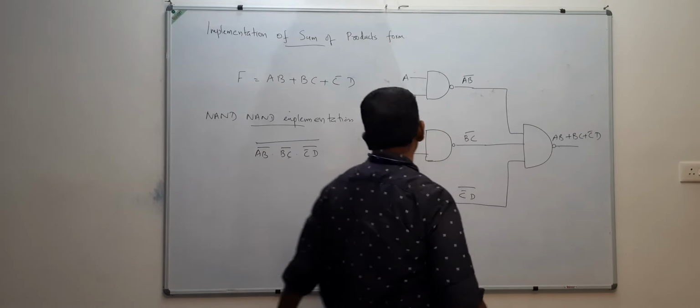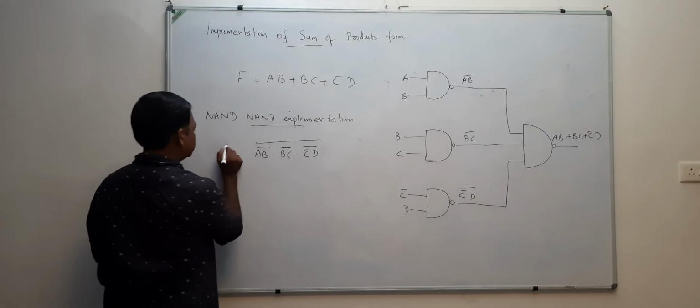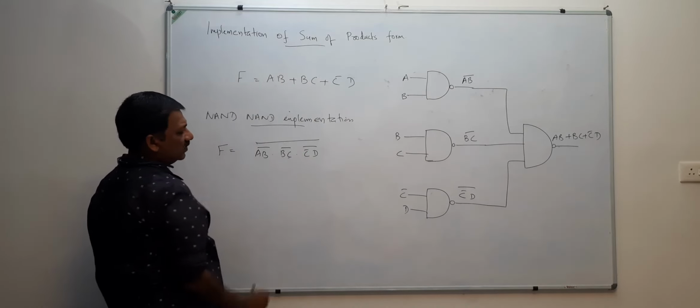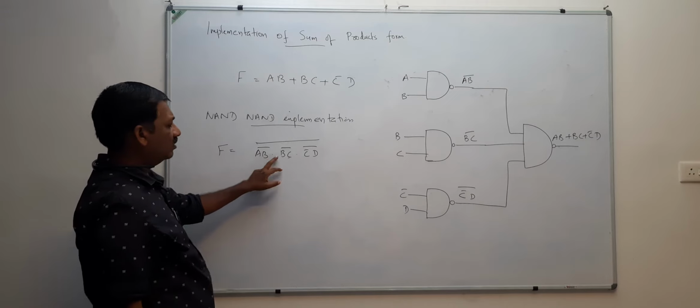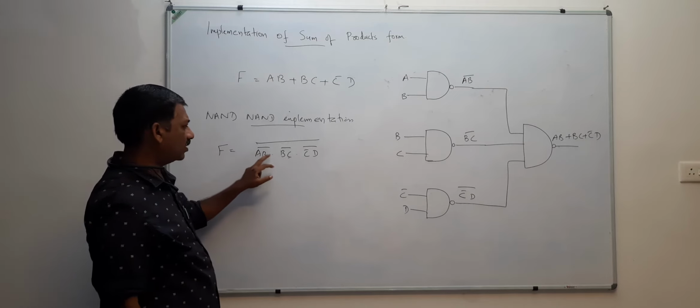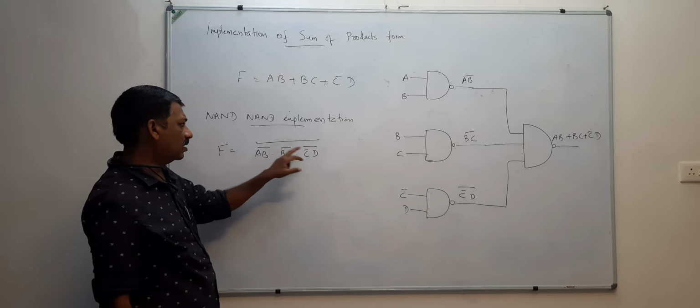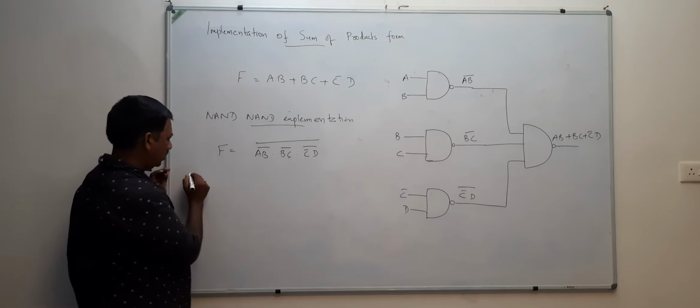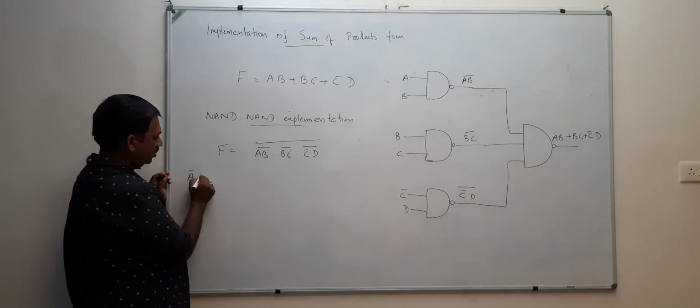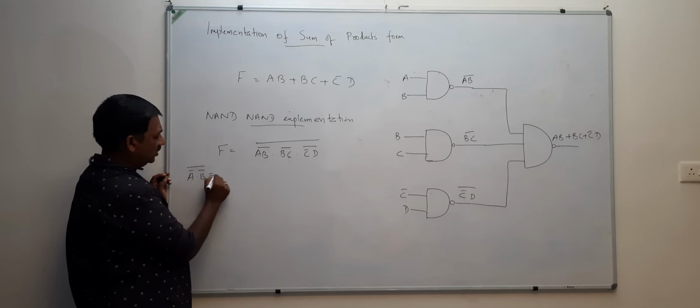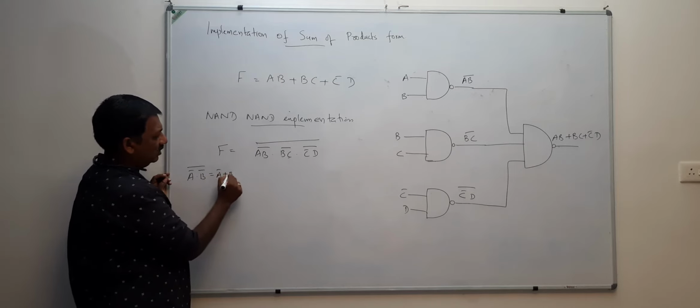That is NAND. That means this is the function. When you are doing this, what will happen? A bar B bar AB bar dot BC bar dot C bar D bar the whole bar is equal to A bar dot B bar the whole bar is equal to A bar plus B bar, right?